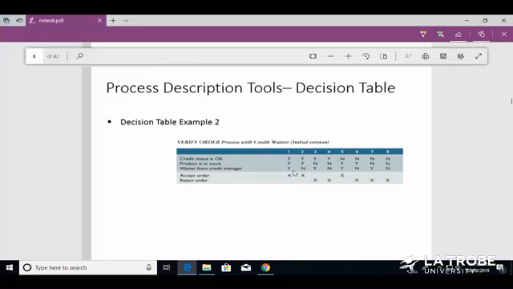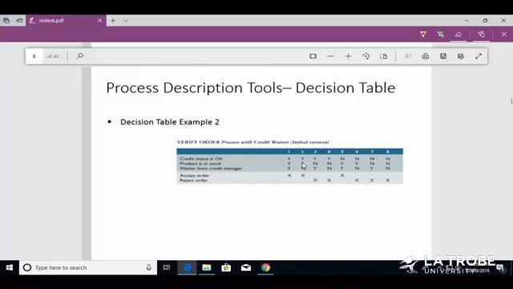All right, so let's talk about the first rule here. The first rule is when the credit status is okay, the product in stock is yes, and waiver from credit manager is yes. The outcome will be accept order.